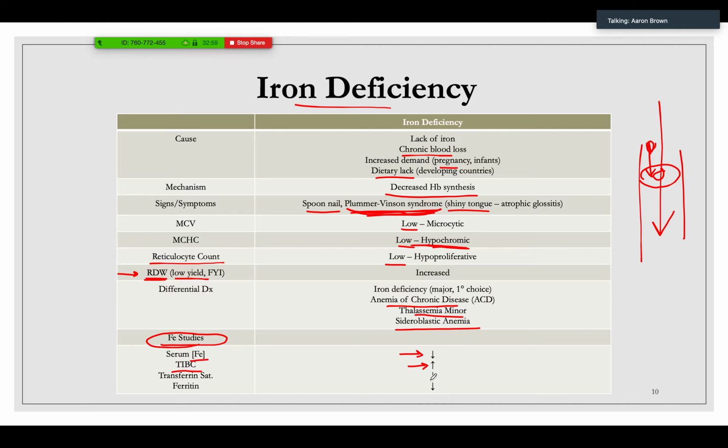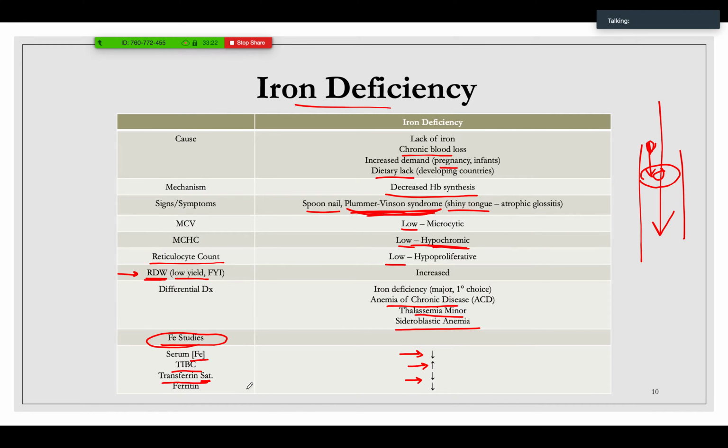And so the capacity has gone up. Transferrin, we said, is that protein that carries iron around in the blood. If there's not a lot of iron, the saturation of those proteins is going to be low. Saturation is just the percentage that have iron bound to it.